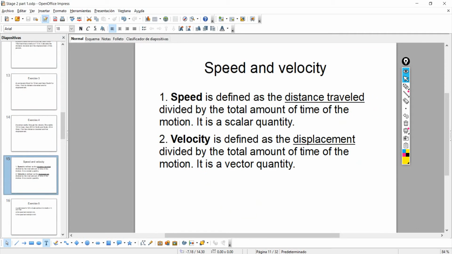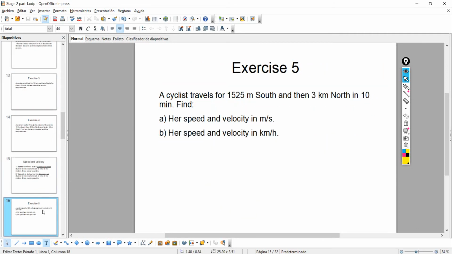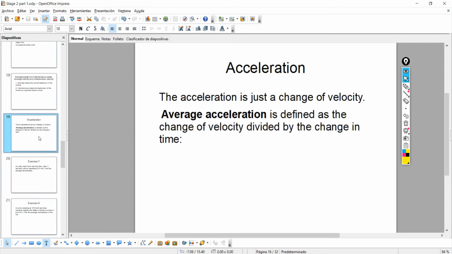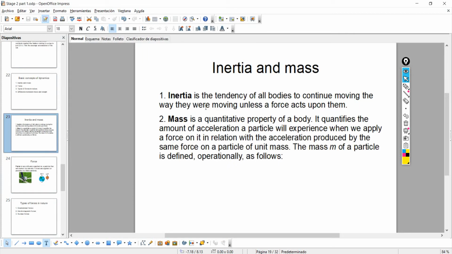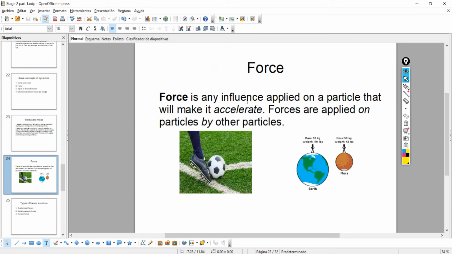We have seen the difference between speed and velocity, acceleration, and then we took a look right before going to vacations at inertia and mass, the concept of force, which I'm going to remind you right now quickly. Force is any influence applied on a particle that will make it accelerate.